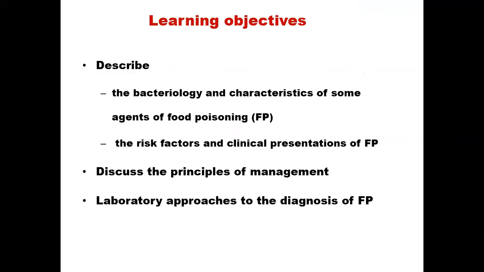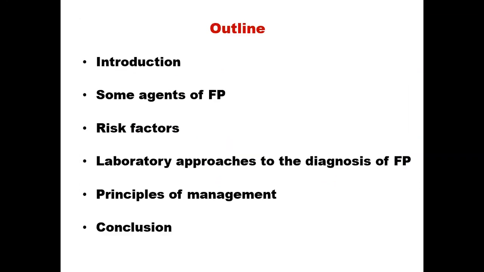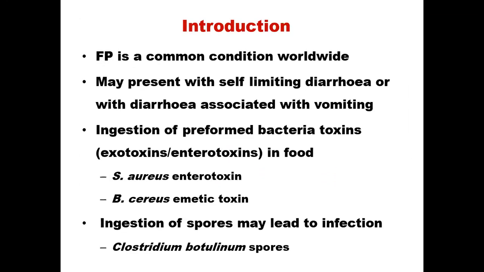By the end of my discussion with you today, you should be able to describe the bacteriology in terms of the common agents of food poisoning and their characteristics. What are the risk factors and what is clinical presentation like? You should be able to discuss the principle of management and laboratory approaches to the diagnosis. So this is my outline.